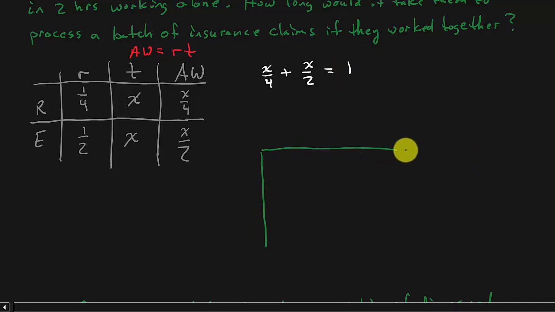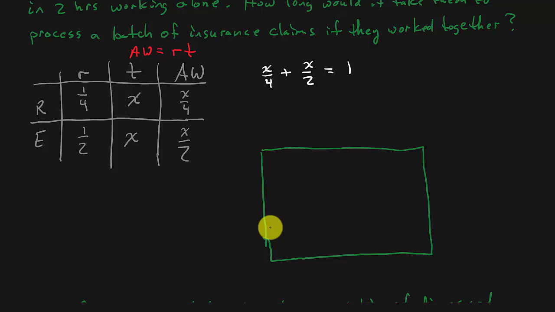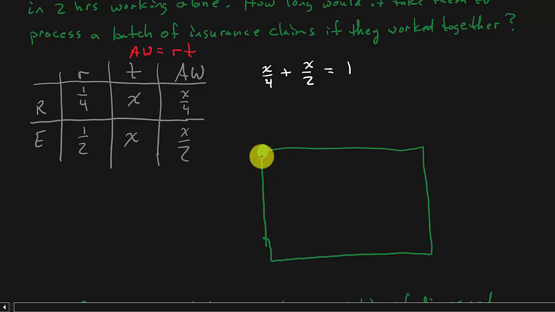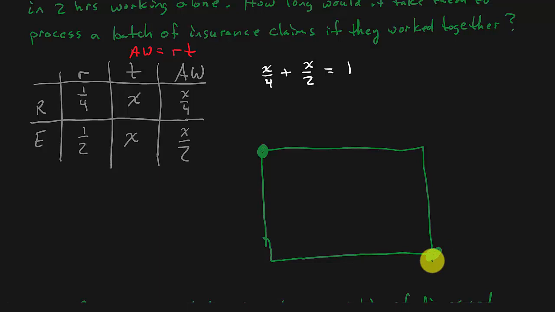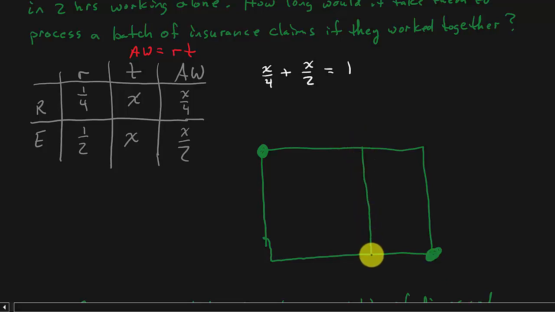So let's look at this. Let's go back here to mowing the yard. Let's say that we're mowing yards together, working together. I'm going to start on this end and mow the yard, and you're going to start on this end. And let's say that we've got a push mower and a riding lawn mower, and I get to use the riding lawn mower, and you have to use the push mower.